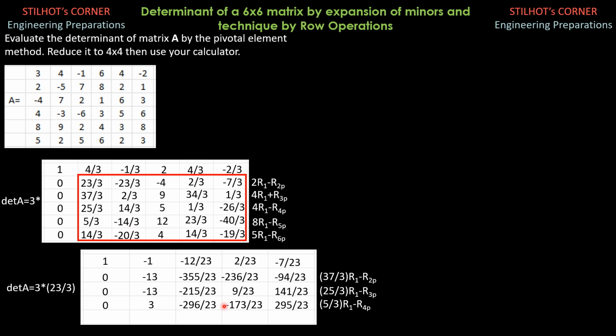So that's it. Then you check the rest of the elements. And finally, to make this 0, it should be 14 over 3 row 1 minus row 5 previous. So that's why this is 0.